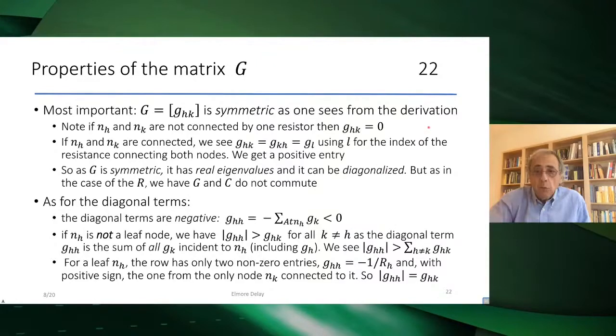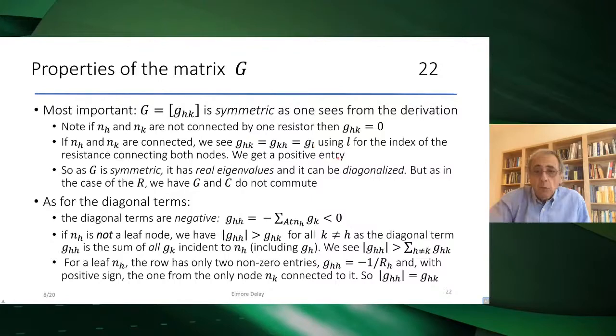Again, the matrix G, now let's try to look at the derivation of it, and it's simply we note that there is a conductance only if the nodes are connected, and if not, you don't get a contribution there. And it's exactly symmetric because the resistance between H and K when they are contiguous is the same as K and H, and it's this conductance, no problem.